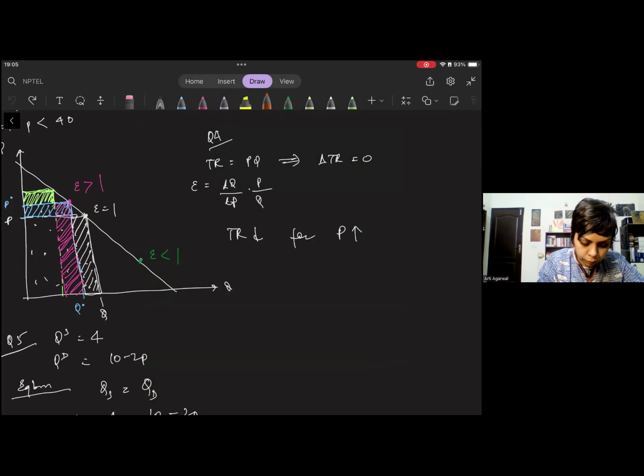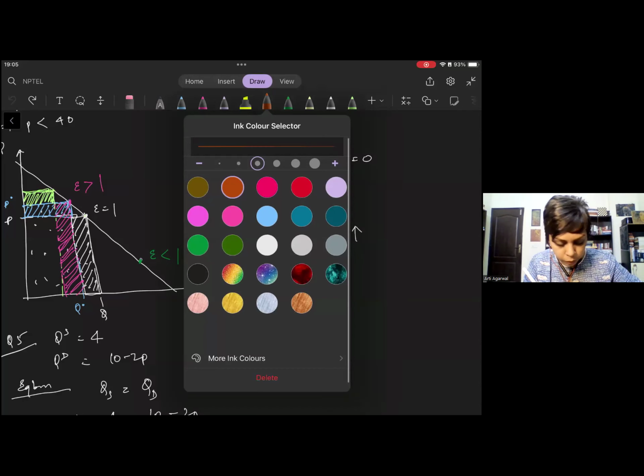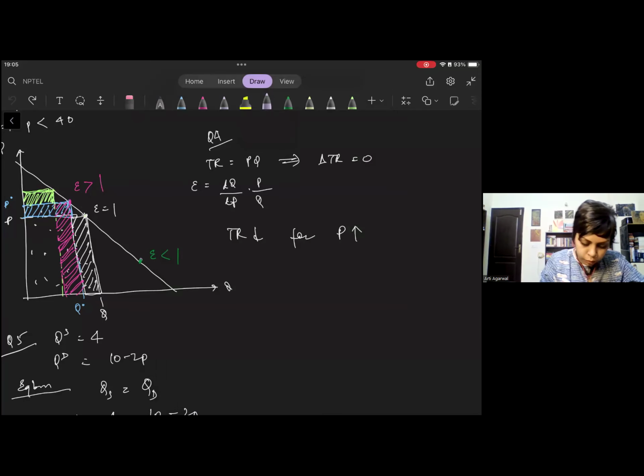Okay, so yeah, that's the problem. It's not changing the color. Something is just weird about this whole thing. Okay, let's pick this color since we've not used it.